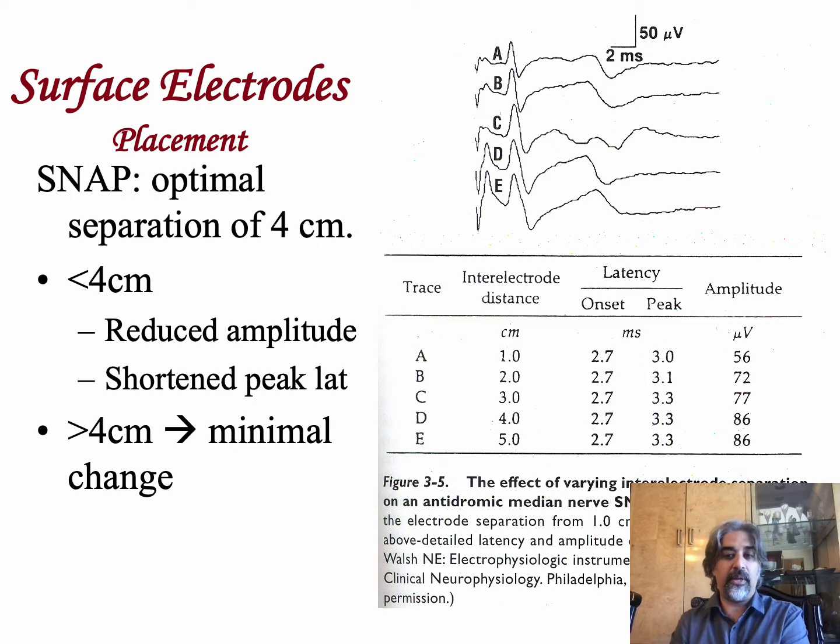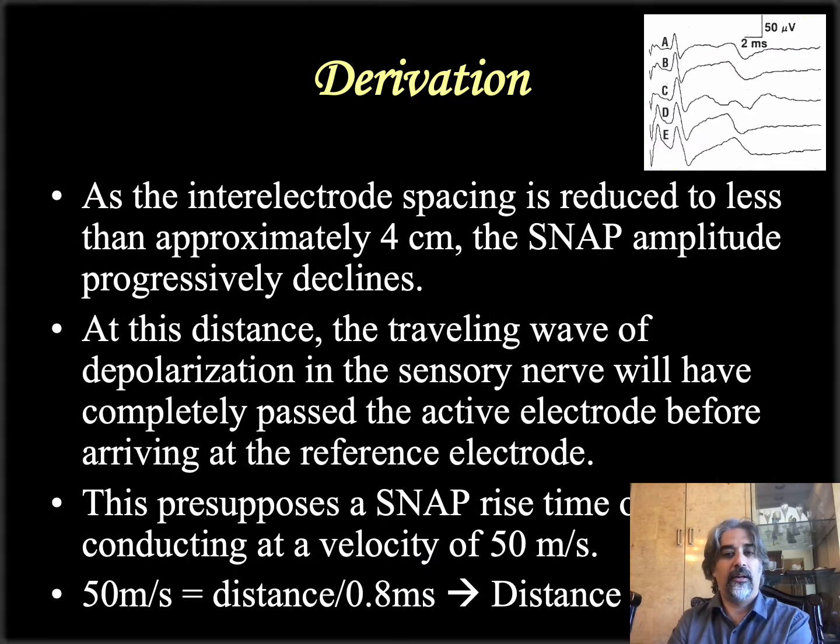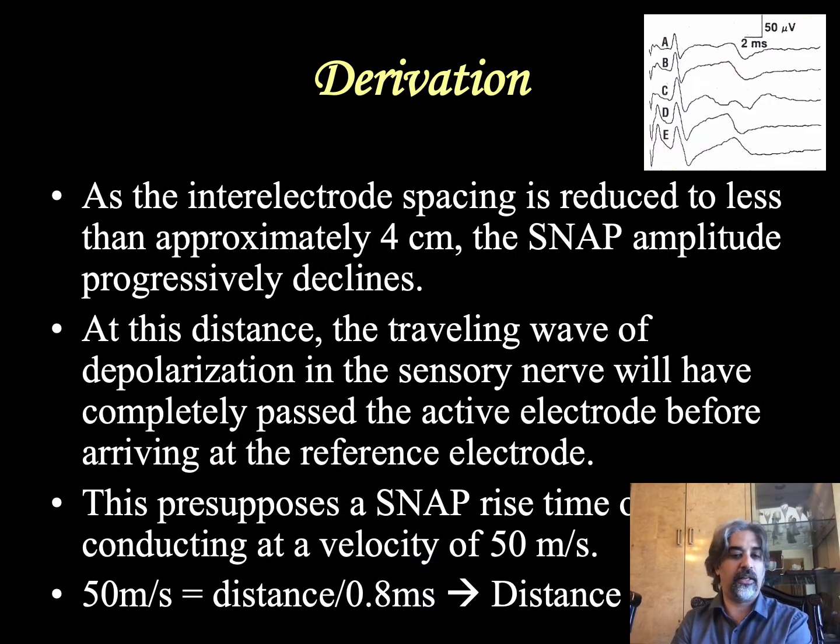And this can actually be derived by knowing that the velocity of nerves in the upper limbs is 50 meters per second. The rise time is basically 0.8 milliseconds, and so the distance can be calculated by saying distance over time equals velocity. I have that all explained here for you, and you should look at this and understand it.